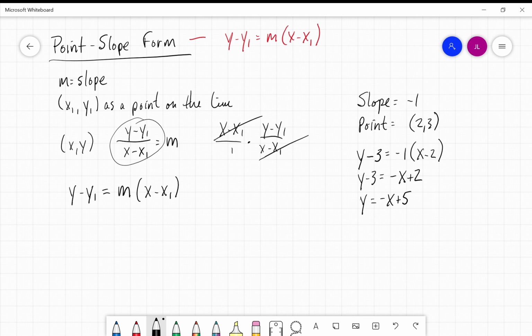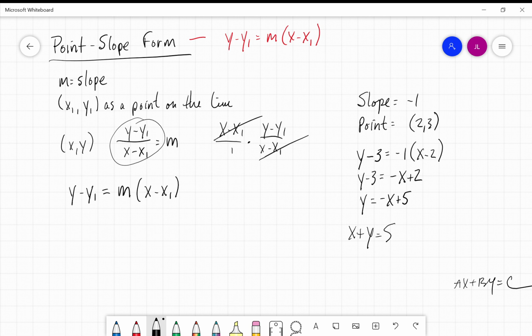The standard form is ax plus by equals c. So if we want to bring that x over, we get x plus y equals 5. There's our standard form. The funny thing about point slope is when we get something in point slope form, if we work through it, we automatically get the slope intercept. And if we get the slope intercept, we ought to be able to get into standard form.